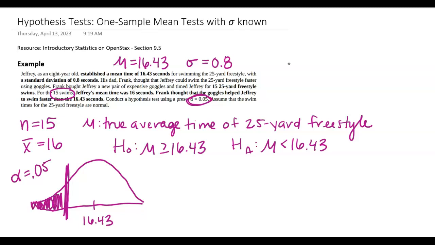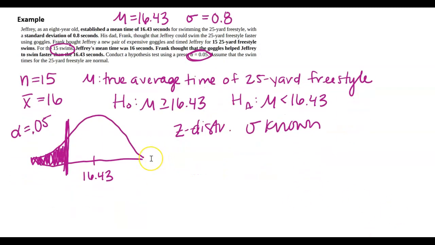Now, if you look in your normal model chart, I can use a Z distribution because sigma is known. And if you look in your normal model chart and figure out what Z value gives me that rejection region, that Z value is going to be negative 1.645.